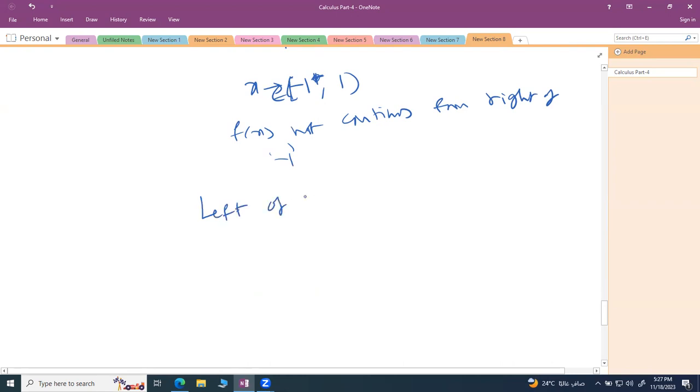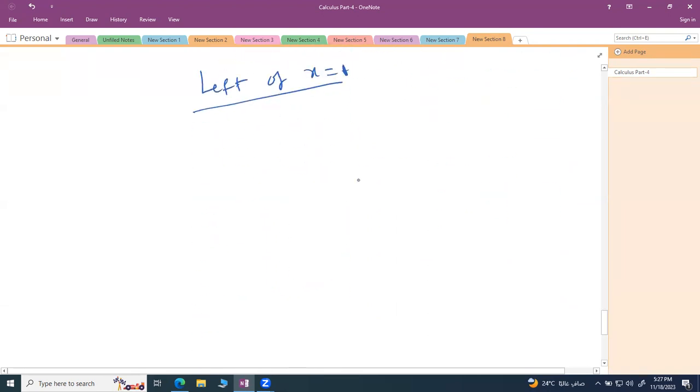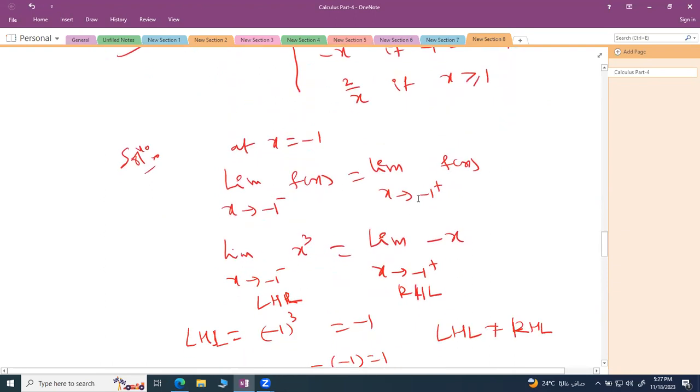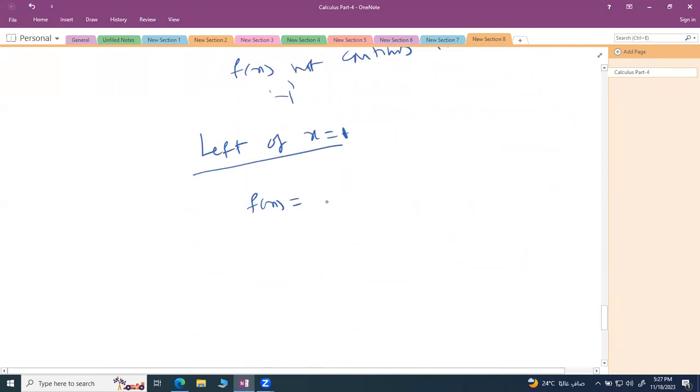Now the left of x equal to 1. Here, from the problem, f of x equal to minus x if x value is minus 1 less than or equal to x less than 1.